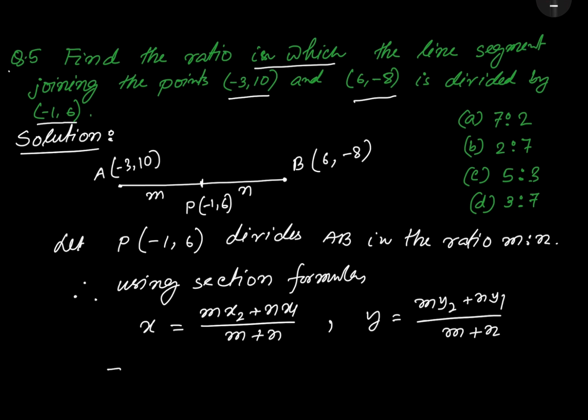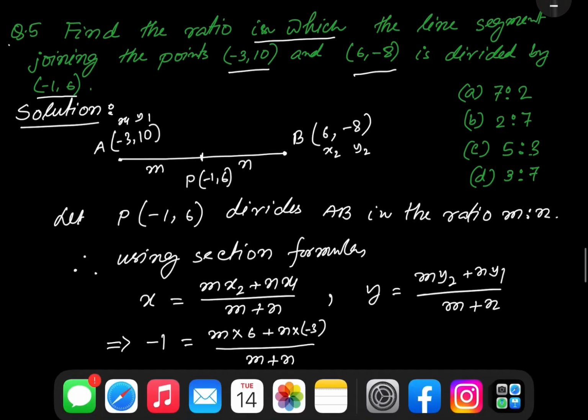Now here x is -1, and I am taking this as (x2, y2) and this as (x1, y1). So put x2, this is -6, plus n times x1, which is -3, by m plus n. I have to find out m is to n.